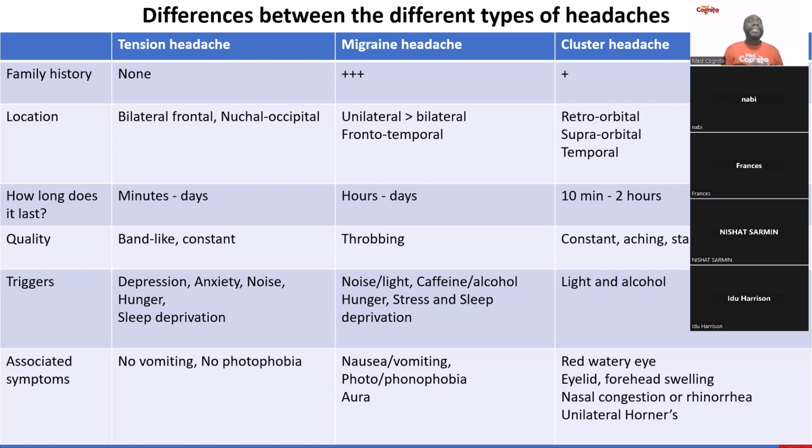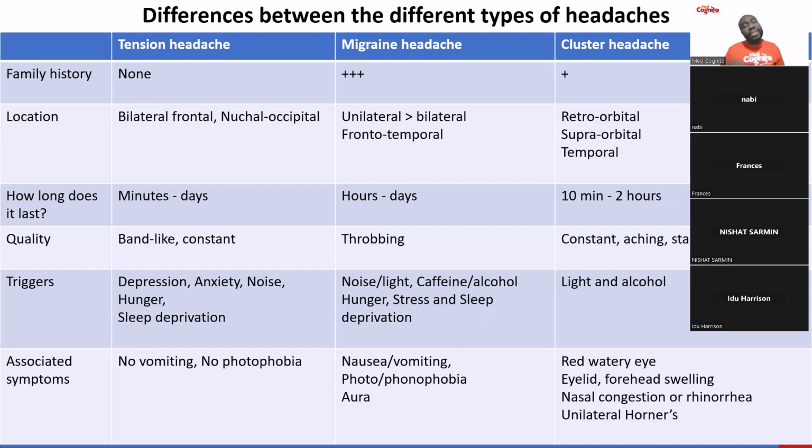And if I say the patient's headache started just a few days after she got a new boss, think about tension headache as well, because tension headache occurs with depression, anxiety, noise, hunger, and sleep deprivation. So it could be that the new boss is a trigger to the patient's concerns. Then you know that there's a problem.